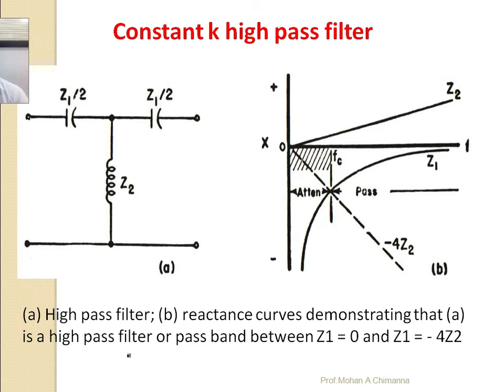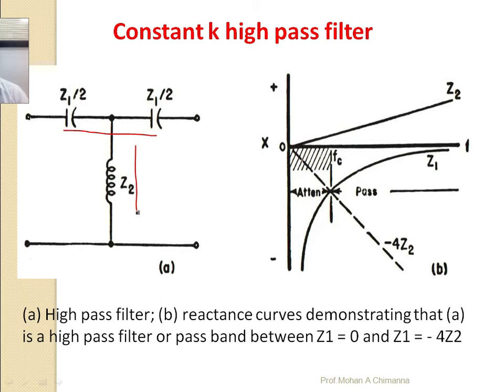The capacitor is connected in the series arm impedance, and the inductance acts as the shunt arm impedance. So for this case, with Z1 by 2, Z1 by 2, the capacitor acts as the series arm impedance and the inductor acts as the shunt arm impedance.